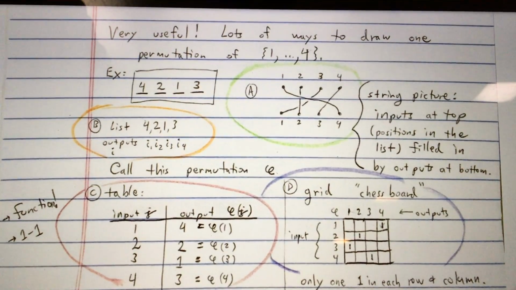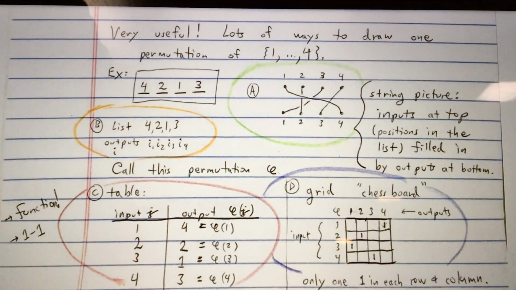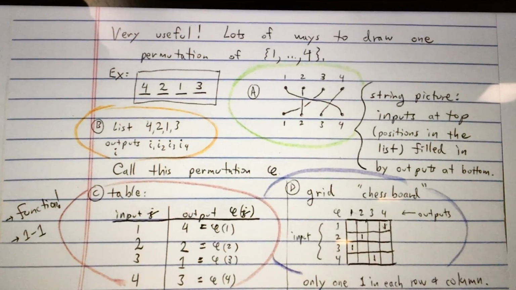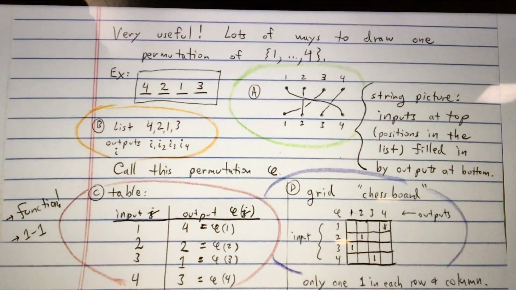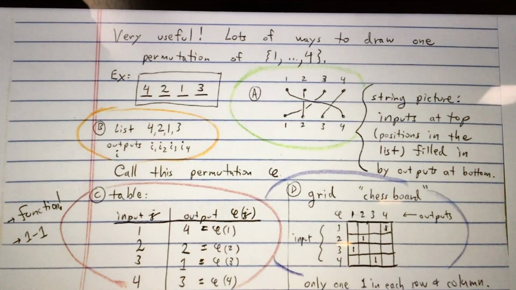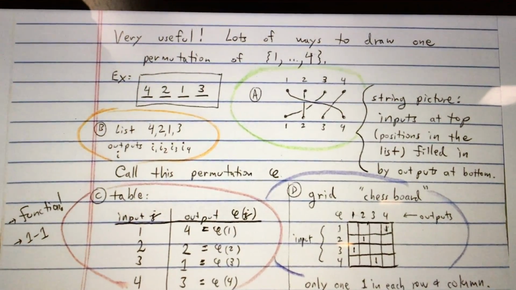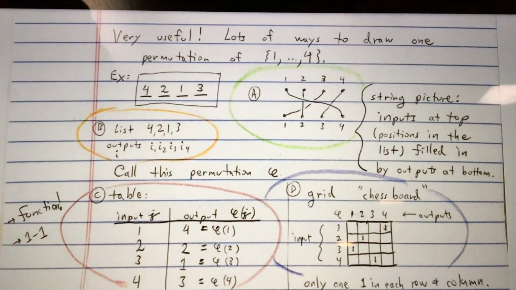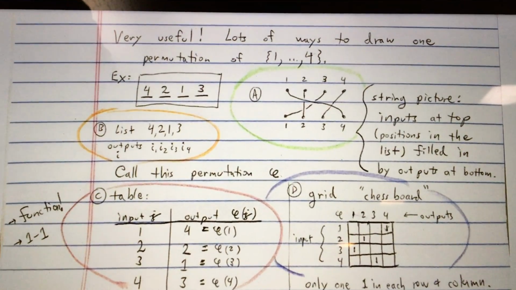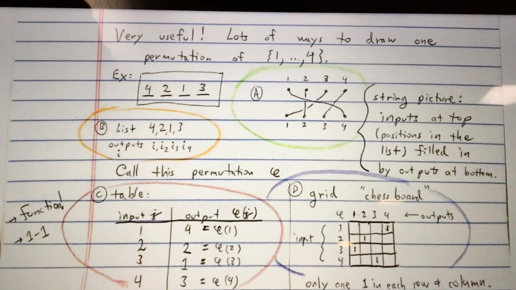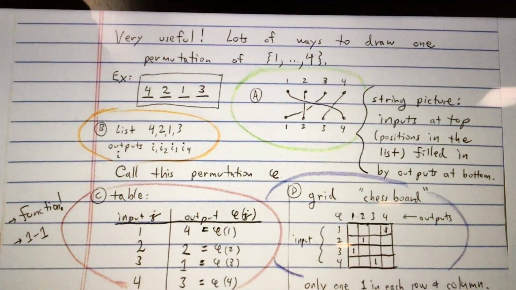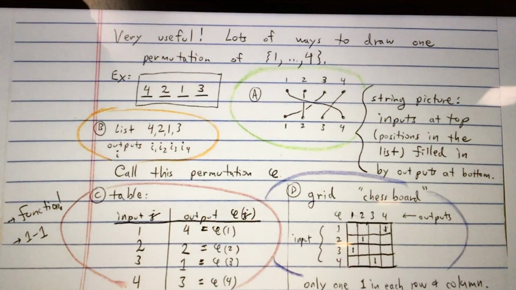That's a little phi there. And then the inputs might be j, because the inputs are just going to be 1, 2, 3, 4, and then the outputs. So phi of 1 is 4, phi of 2 is 2, phi of 3 is 1, phi of 4 is 3. So it's all describing the same thing, the permutation of 1 through 4.